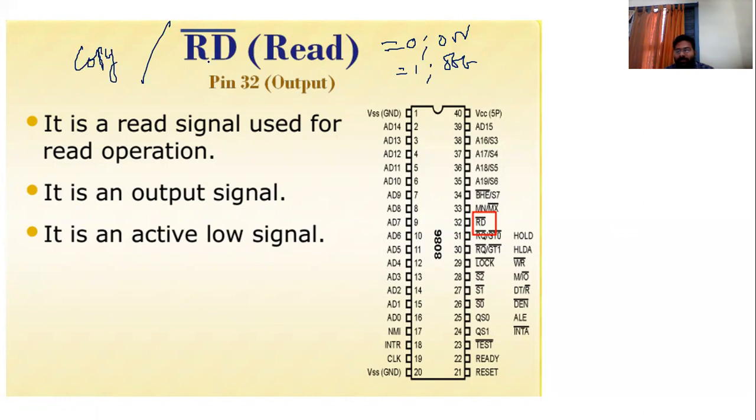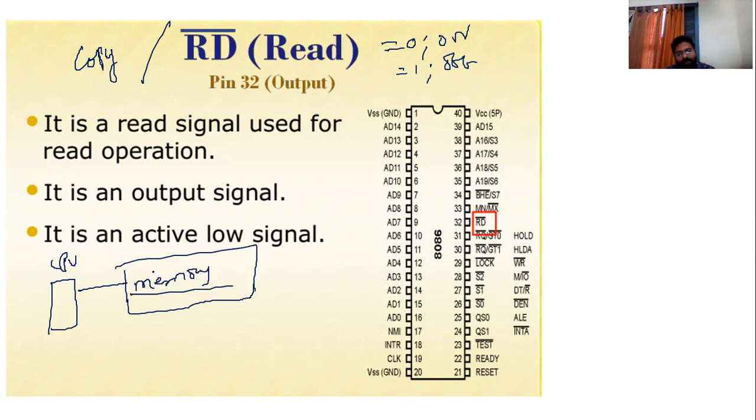How is this signal helpful to the microprocessor, how is this pin helpful to the microprocessor? Remember, this is the CPU, and this is the memory. Memory has some data. Whenever the microprocessor wants the data, at that time we send some signal, some address.